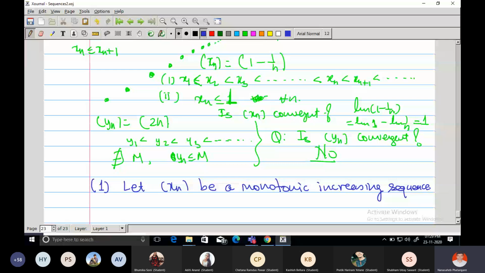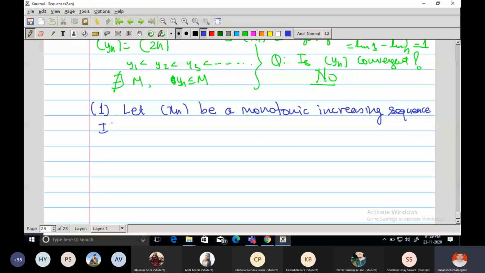So if xn is bounded above, then xn is convergent. Right. So suppose the sequence is monotonically increasing, what guarantees the convergence?